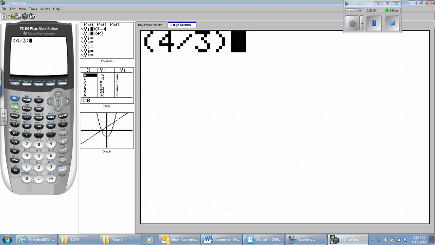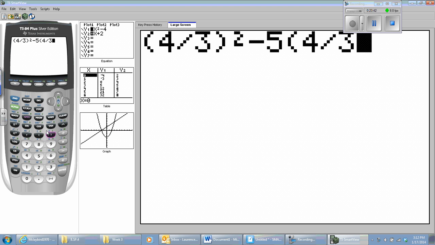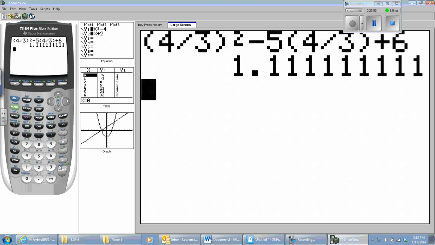There's my square right there. And then I have to do minus 5 times 4 thirds, and then plus 6. So all I did was substitute 4 thirds for x. And when I do that, I get 1 and 1/9. That is 1.1 repeating, which is the same as 1 and 1/9.